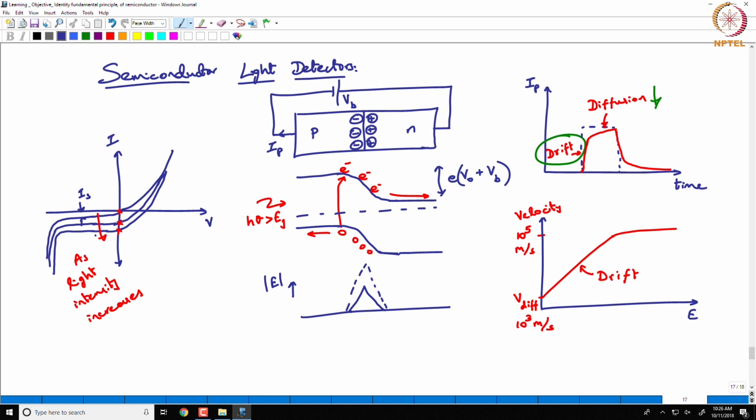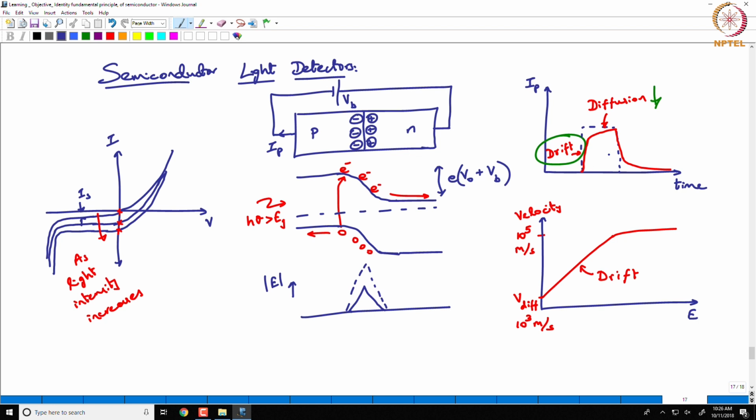Yes, so the question is, can we just review this I_P versus time? What we are saying is that the illumination is given by this dotted line over here, which corresponds to the power as a function of time, right. You would want an ideal photodiode to have the photocurrent follow that same dotted line.